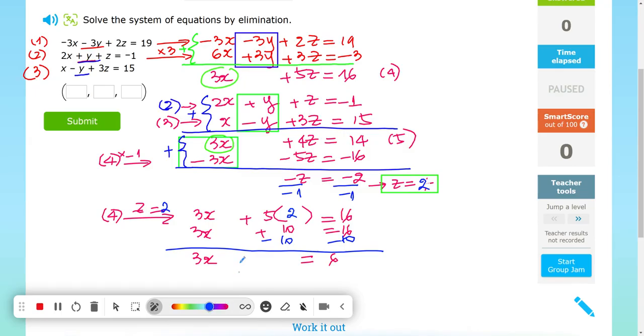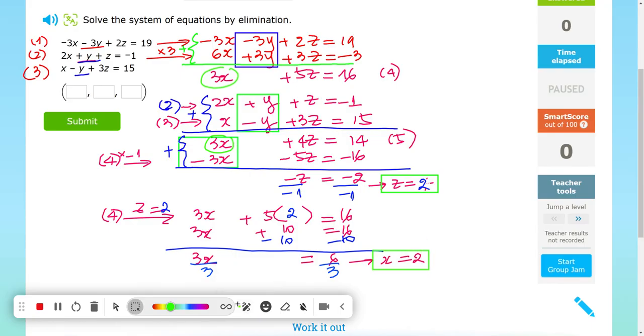Then divide by 3 on both sides, and I come out with x equals 2. Let me double check: 16 subtract 10 is 6, and 6 divided by 3 is 2. So now x equals 2.